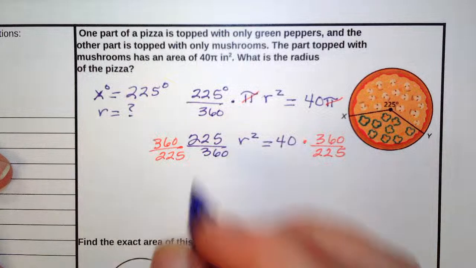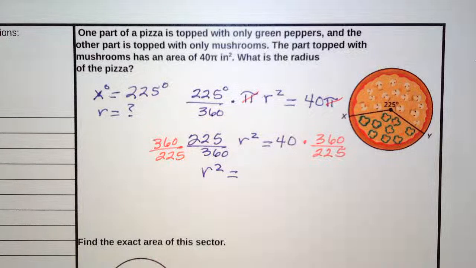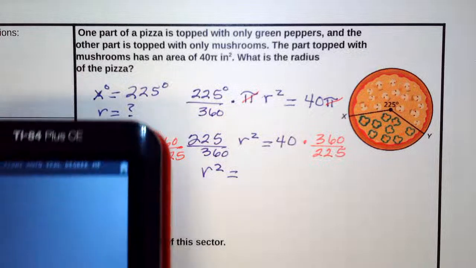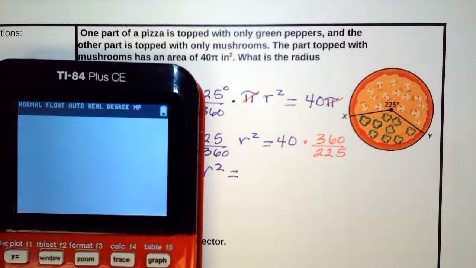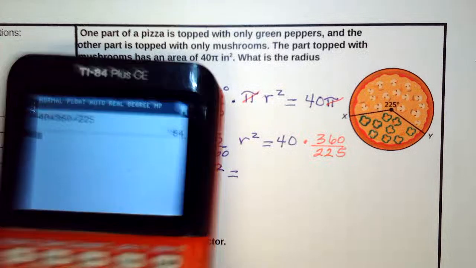So r squared is equal to 40 times 360 divided by 225. I get 64.